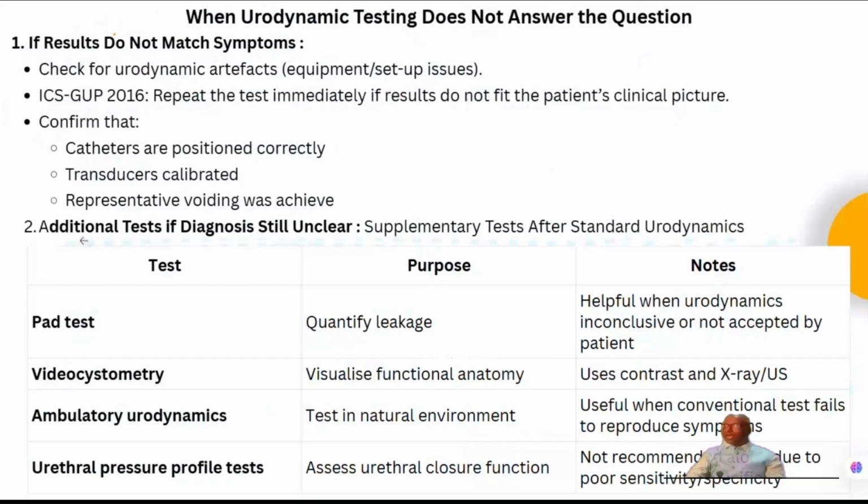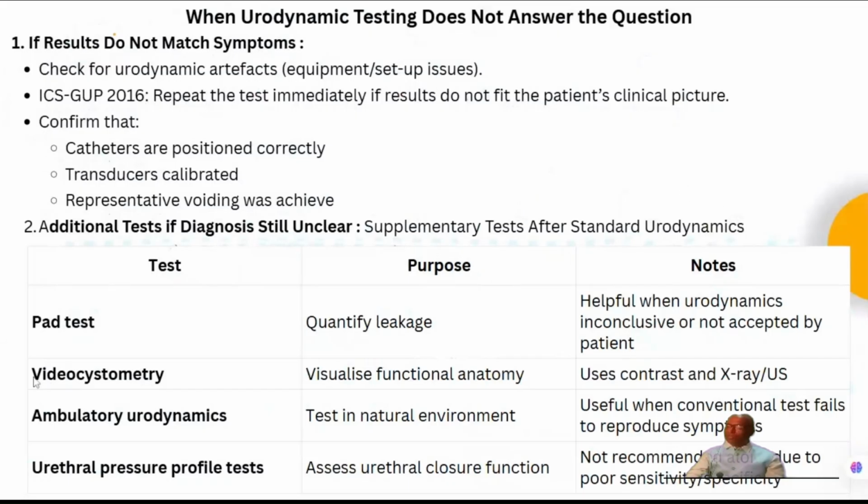Now, second, you can do additional tests if the diagnosis is not clear. This means you have performed the urodynamics, but still the diagnosis is not clear. Then there are some supplementary tests after the standard urodynamics.